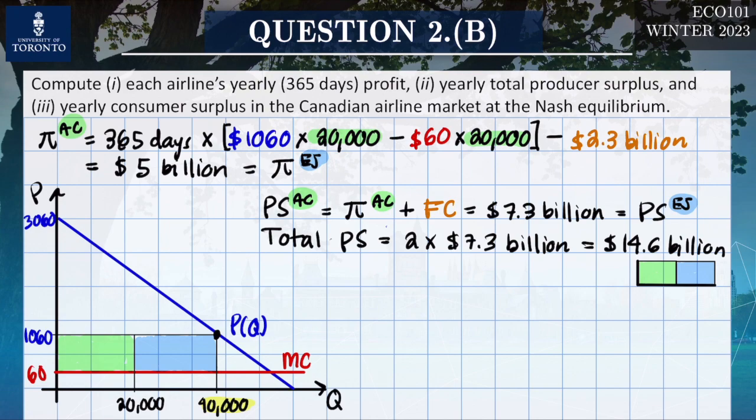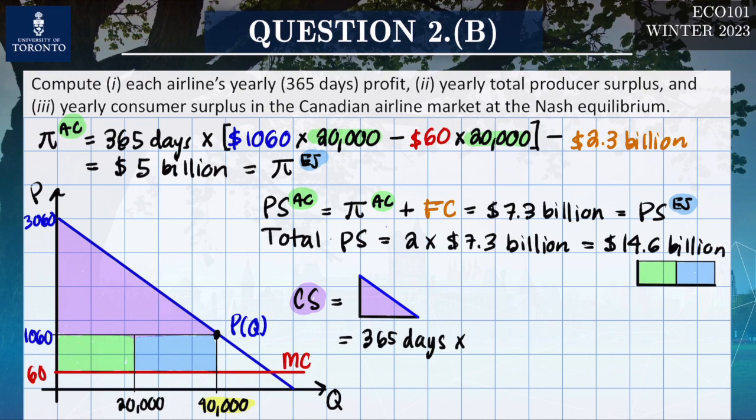All right, so last thing to compute in here is consumer surplus at the Nash equilibrium. Remember the definition as well. It is the difference between all the marginal willingness to pay, so the demand function, and the price for all quantities sold. So it'll just be the area of this upper triangle between the demand and the price for all quantities. And remember that you'll have to multiply this by the number of days because we want the yearly consumer surplus.